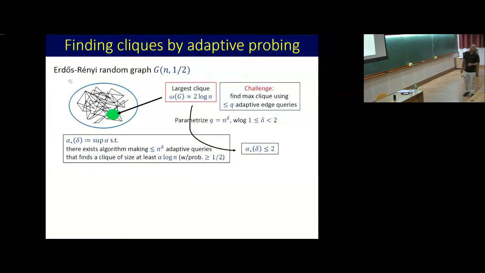There's no planted clique here. So we know alpha star is at most 2, by what I said at the start. And we know greedy finds log n.